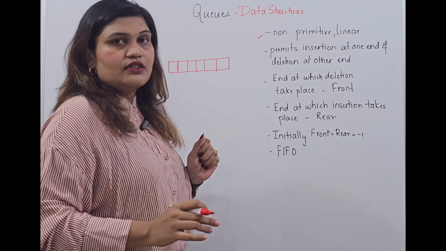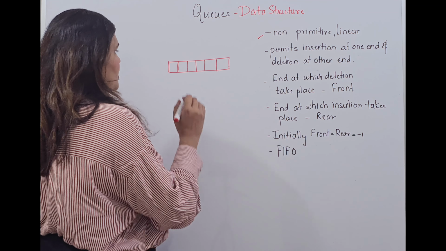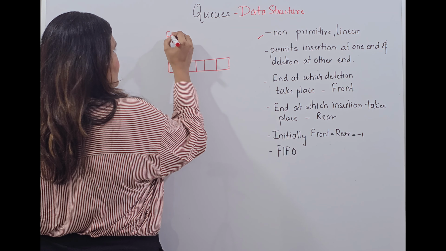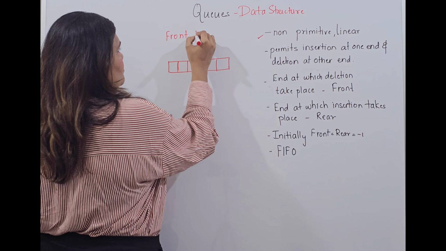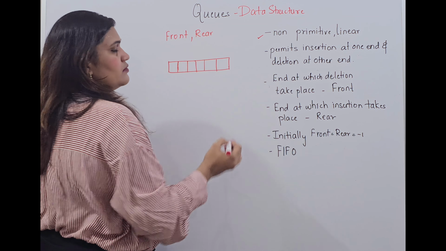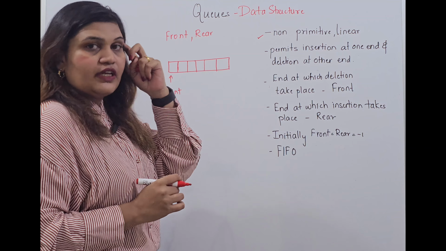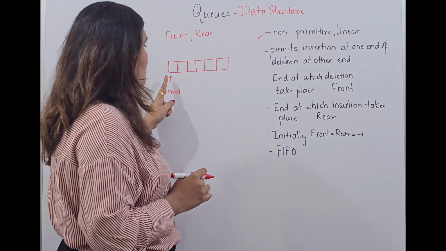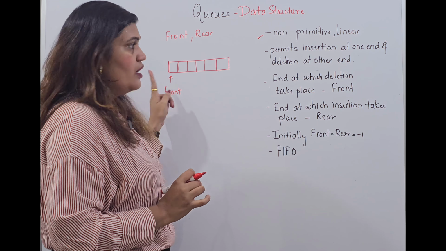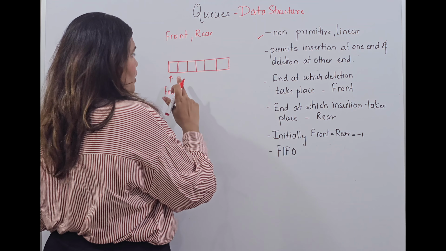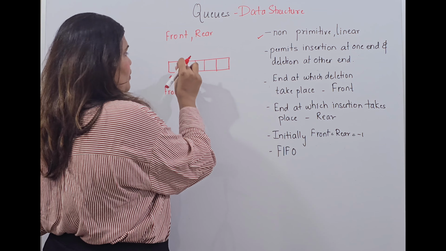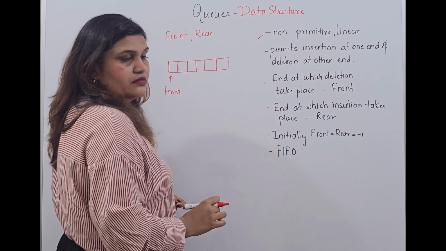How do we understand this is a queue? There are two things you have to remember here: front and rear. Front points at the start of the queue. Rear goes on incrementing as and when you insert the elements.